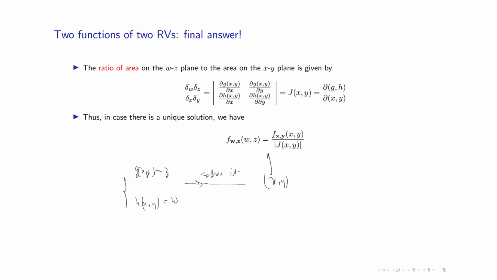If you have no solution, this is going to be 0. So if no solution, then we conclude that f of Z and W is going to be 0.